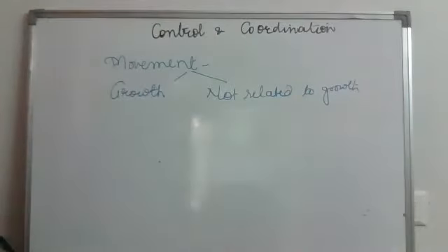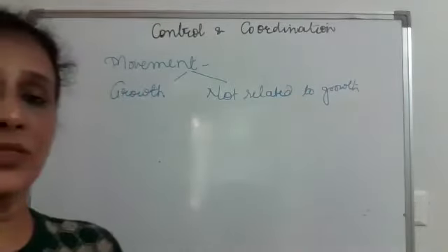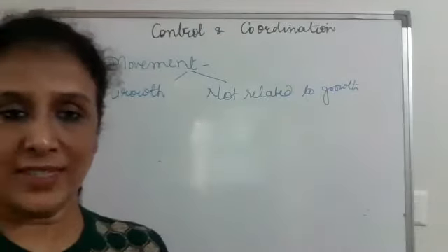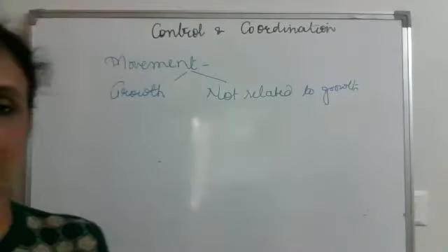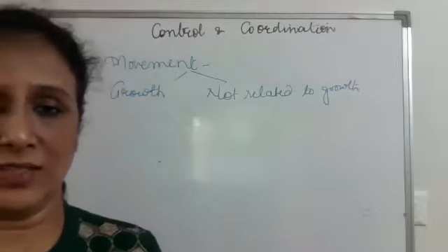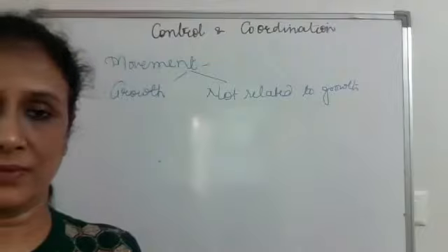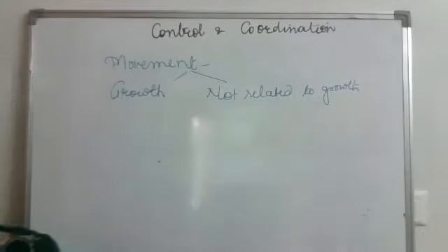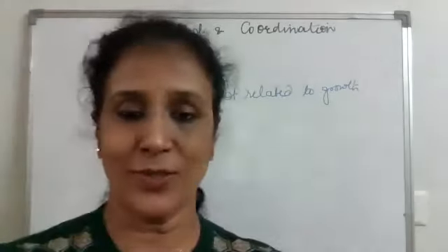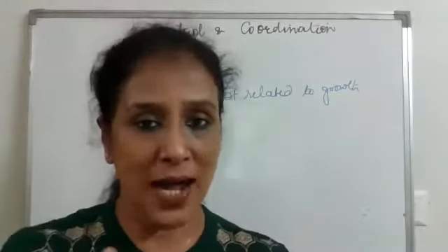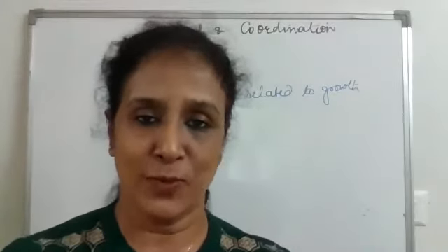Now whatever is living, it shows movement. For example, a cat is moving, a dog is jumping, we are moving throughout the day. Do you observe such movements in plants also? Yes, plants also show movement.